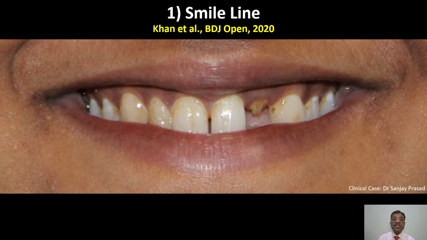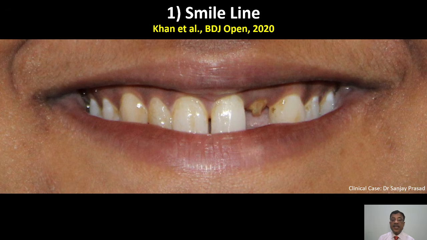In this literature, Khan and his colleagues studied the smile line of the South Indian population. Now, many of the studies are mainly for the Western population. In this study, this was done for the South Asian population, where he described the importance of smile line in satisfying the aesthetic outcome of the anterior region.